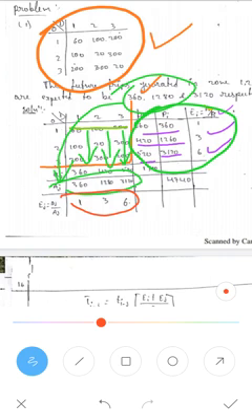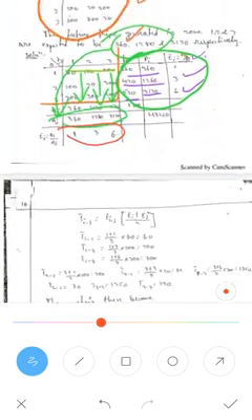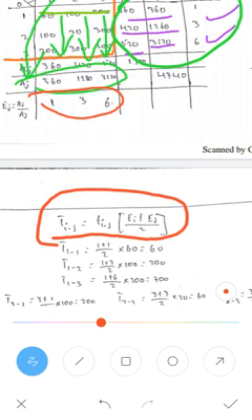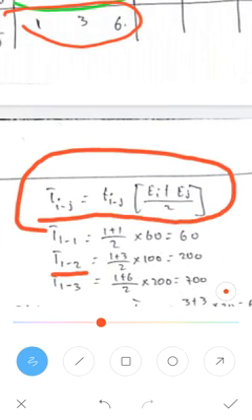Then there is another formula. The formula is Tij equals small tij into Ei plus Ej divided by 2. First, for t11, t12, one is the origin and the other is the destination.